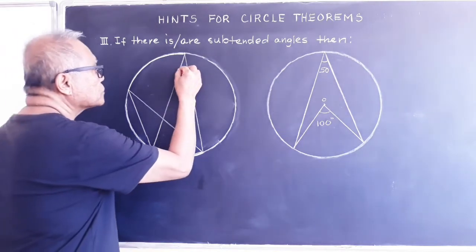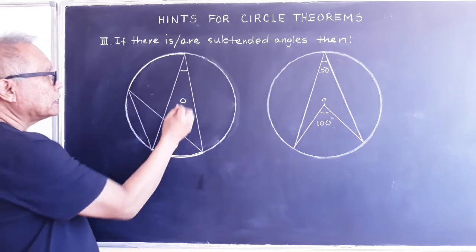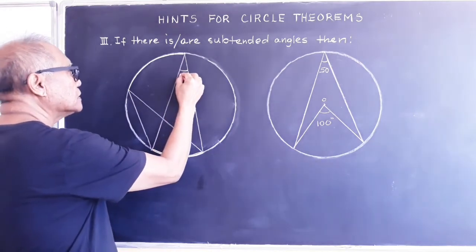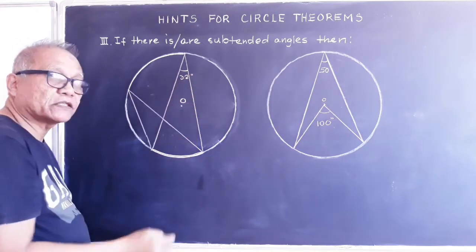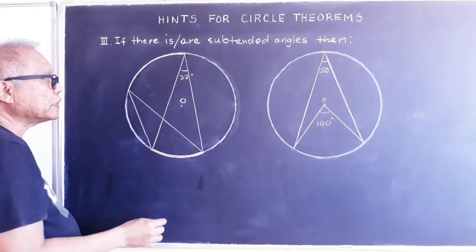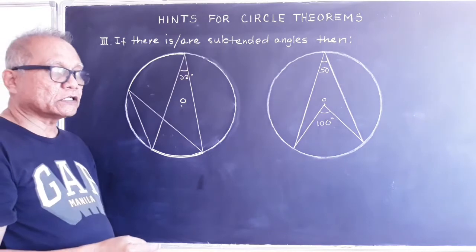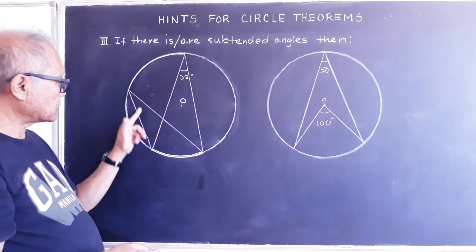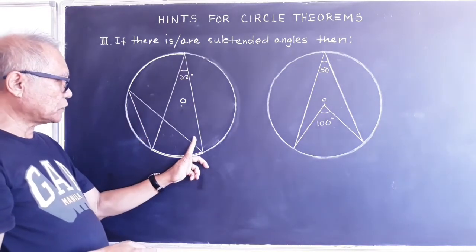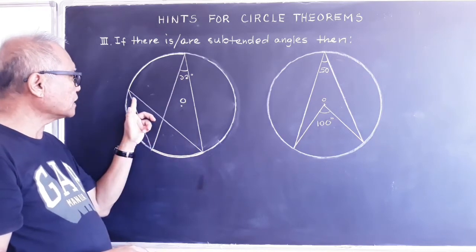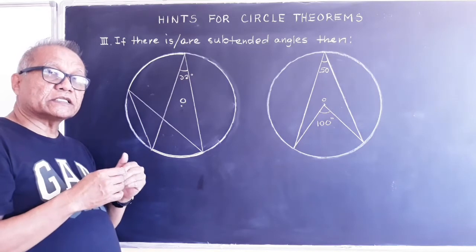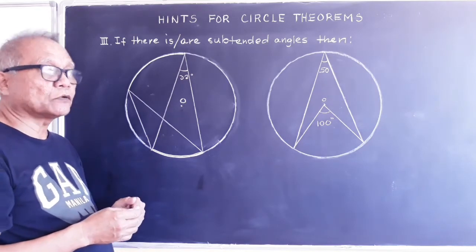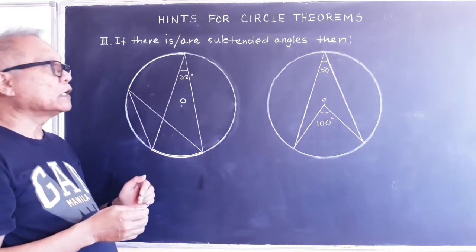For example, this one, we start from here and say this one is 32 degrees. We don't know where the 32 degrees angle is. Maybe it can be here, or it can be there. So we will use the tracing of our fingers to locate where the 32 degrees is.